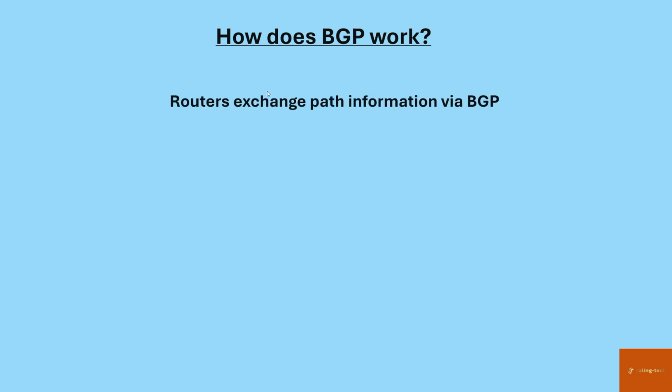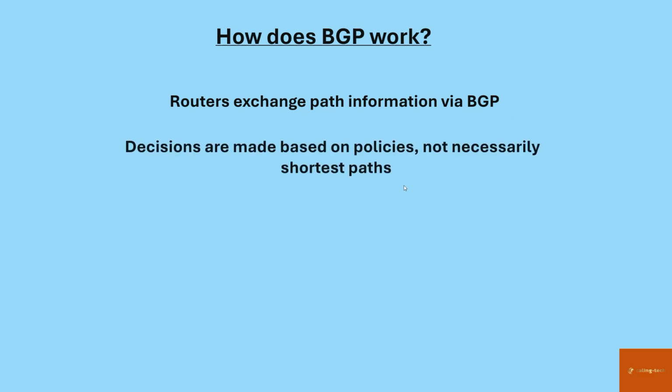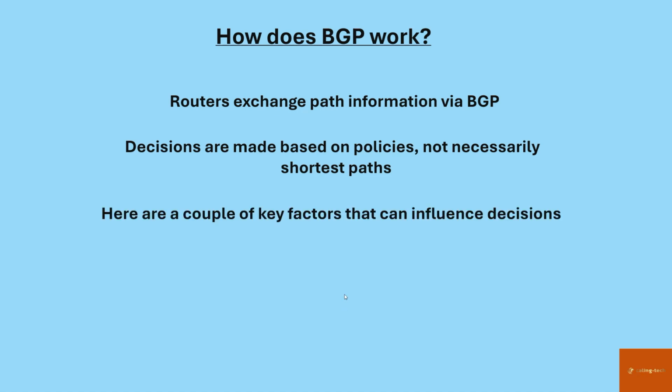Routers exchange path information via BGP. Decisions are made based on policies, not necessarily the shortest paths. Here are a couple of key factors that can influence decisions. There are more key factors than this, but remember, this is just an introduction to how BGP works within the internet environment. We have the AS path, local preferences, and ISP agreements.